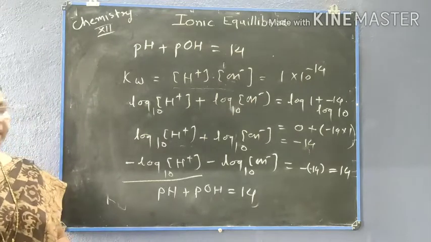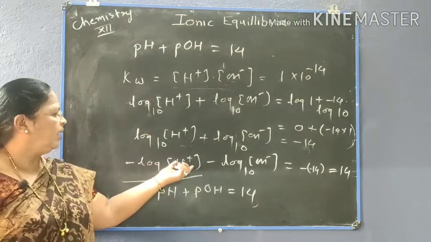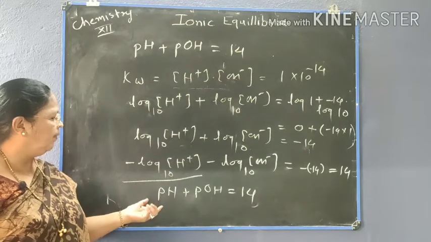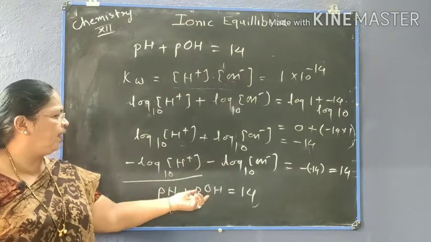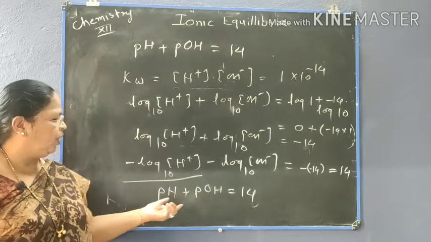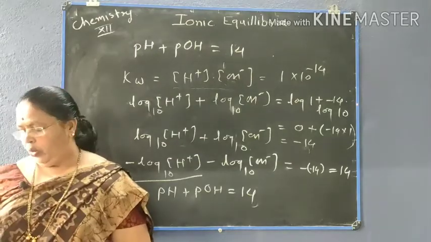By definition, pH is the negative logarithm of the concentration of H plus ions to the base 10, and the negative logarithm of the concentration of OH minus ions is pOH. So pH plus pOH is 14.